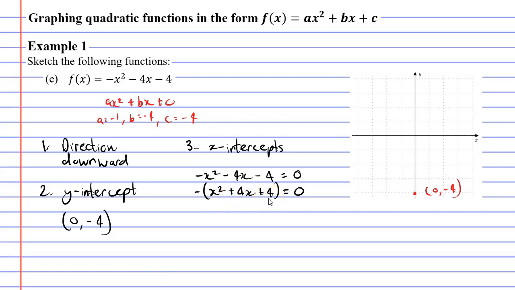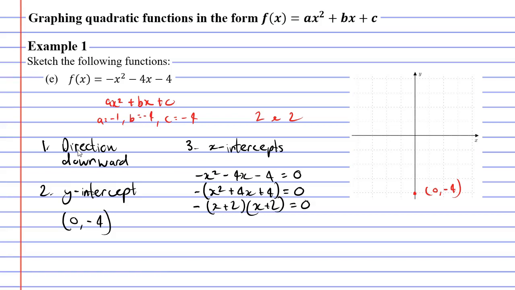What two numbers multiply to make +4 and add to make +4? The two numbers I'm going to get are +2 and +2. Both the same. 2 plus 2 is 4 and 2 times 2 is 4. That means I'm going to get two sets of brackets and they're both going to have +2 inside of them.